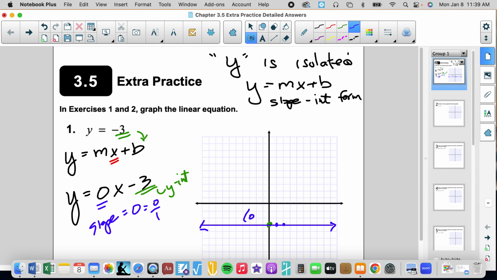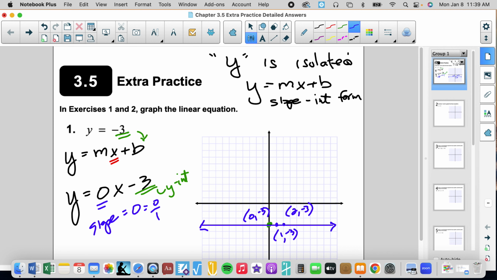If we look at those points, 0, -3, 1, -3, and 2, -3, we notice that it doesn't matter what we plug in for x, my output is always going to be -3. No matter what my input, my output is always going to be -3. And that's what it logically says, y equals -3. Y is my output.